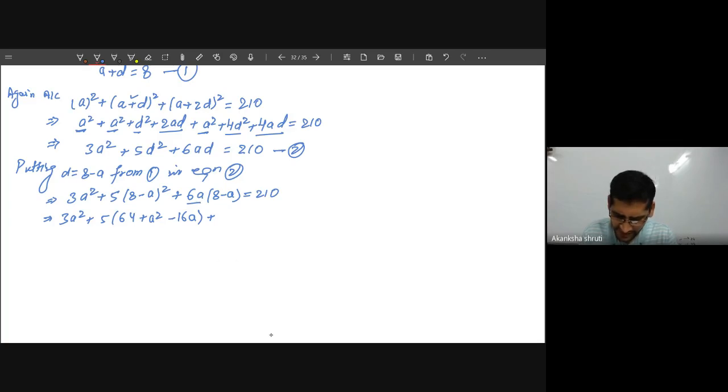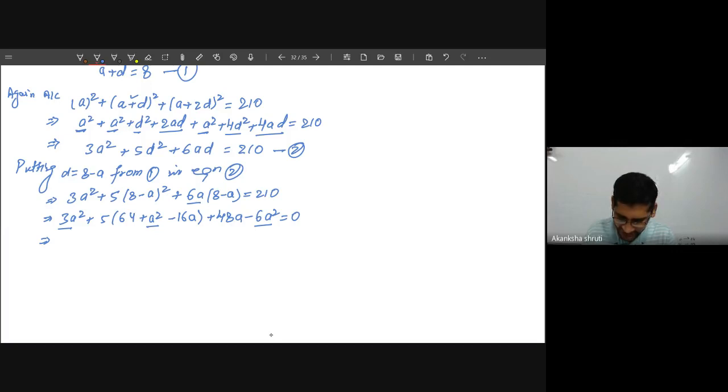So 6 times 8 is 48a, minus 6a square is equal to 210. Student, don't worry, we are going to get the result. So what is our a square term? Here is our a square term. Here is our a square. Here is also our a square.